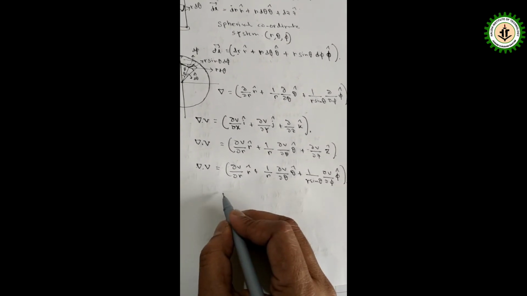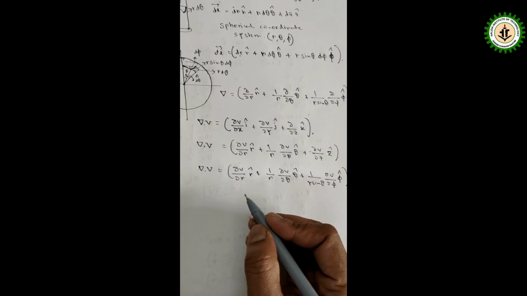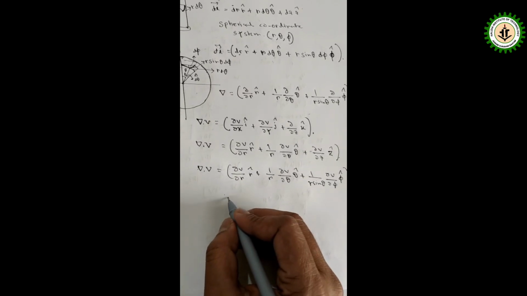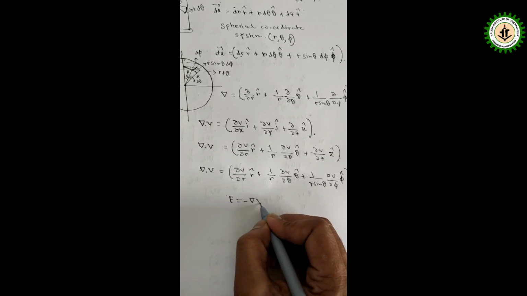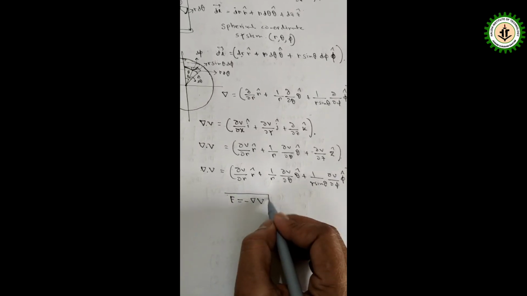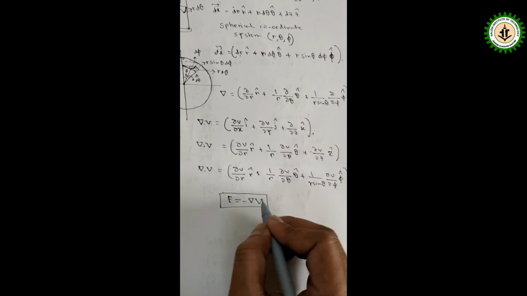The relation between electric field and electric potential is E equals minus gradient of potential. So if you know the potential and take the gradient, you'll get the value of the electric field. So this is a one-to-one relationship between electric field and electric potential.